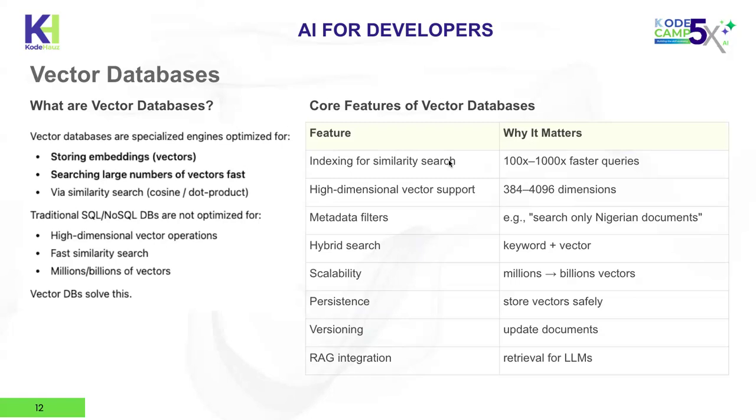So it allows you to search for both keywords, right? And also to search for embeddings. It's scalable, and like I say, you can have millions, billions of vectors stored there. Of course, persistence, so vectors are stored safely. You can have versioning, and then you have RAG integration, which we'll talk about later on.